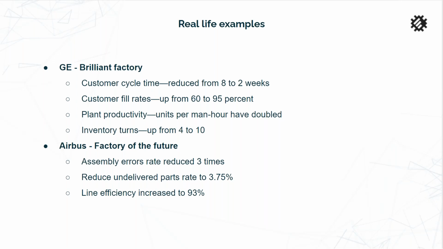And as you can see, they reduced customer cycle time from 8 to 2 weeks. So they were able to deliver actual orders faster. Their plant productivity doubled, and inventory turns went up from 4 to 10%.